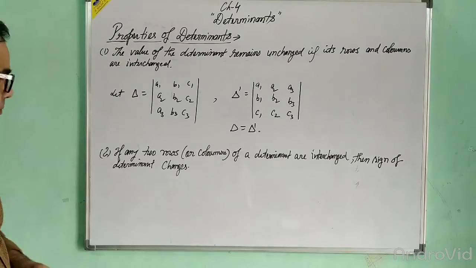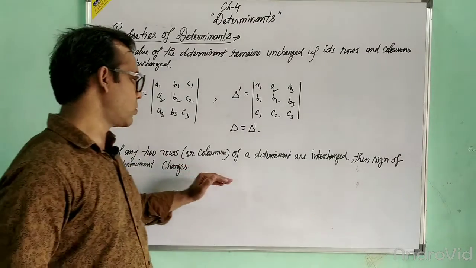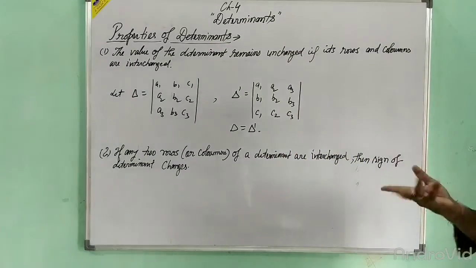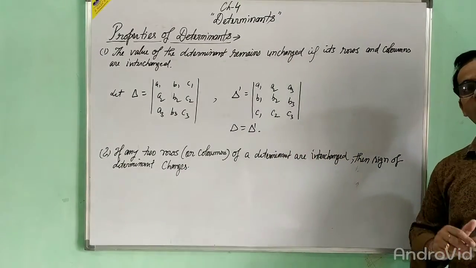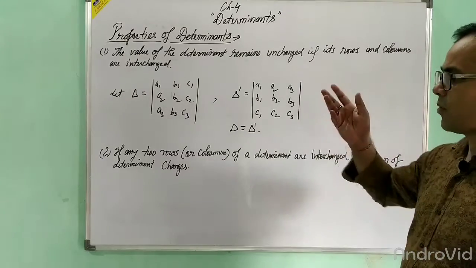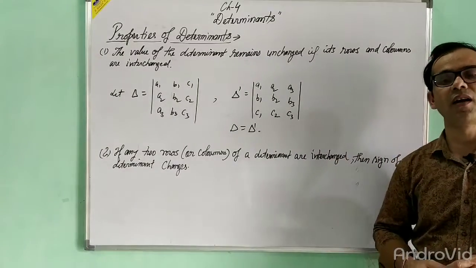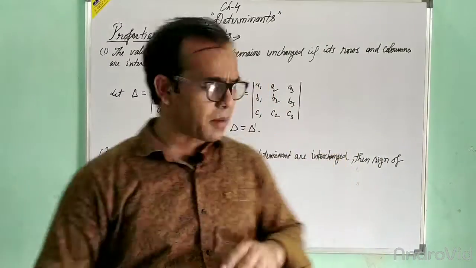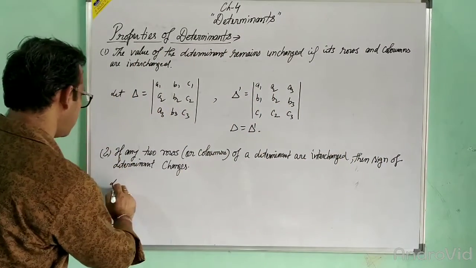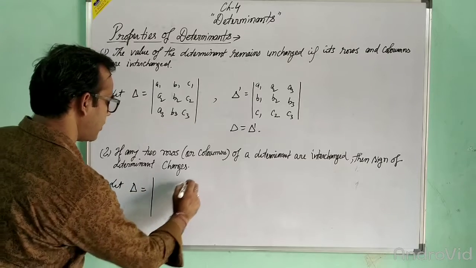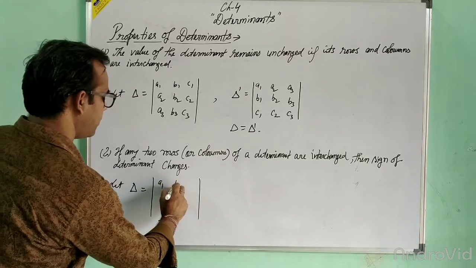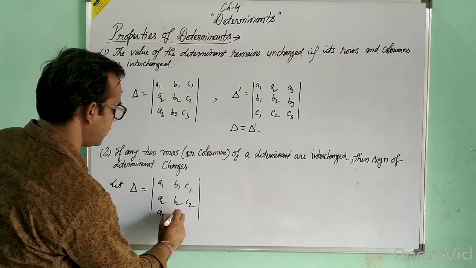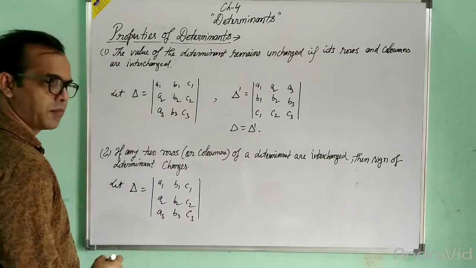Now the second property, if any two rows or columns of the given determinant are interchanged, then the sign of the determinant will change. Means अगर हमारे पास यहां पर कोई दो रो हैं, suppose given determinant is a1 b1 c1, a2 b2 c2 and a3 b3 c3.